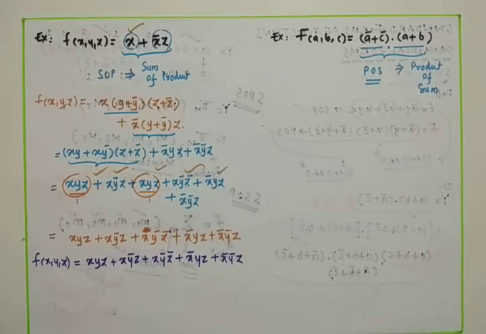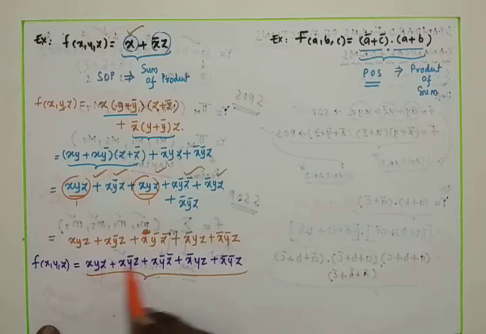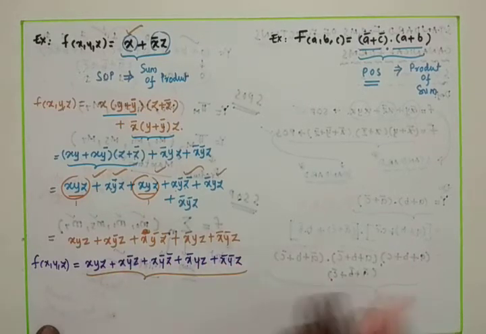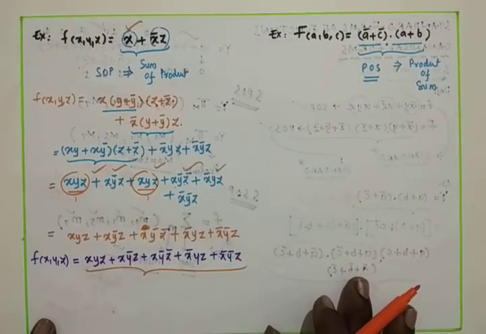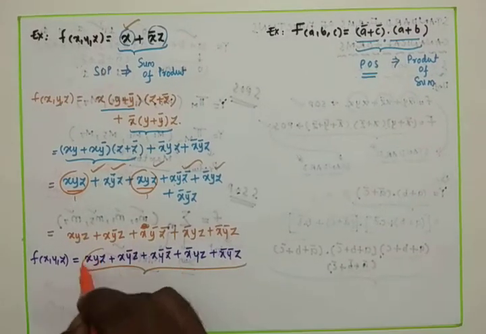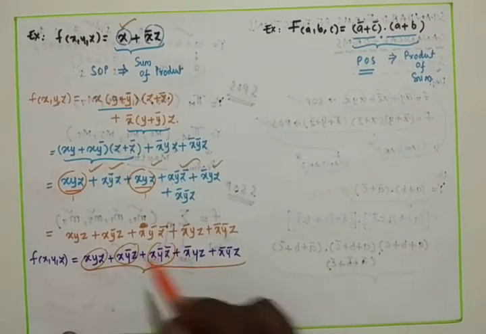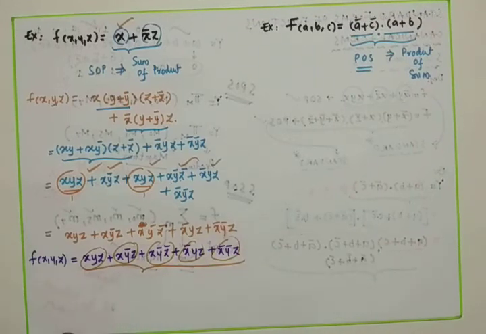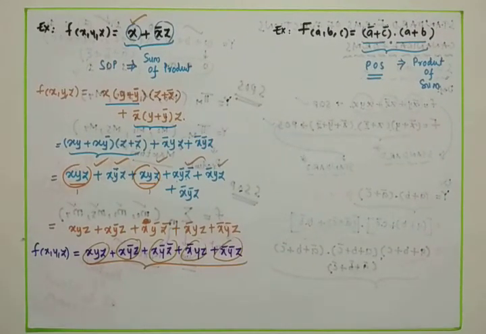This is a standard form because each term in it, how many terms is it having? 1, 2, 3, 4, 5. It has 5 terms. Each of these 5 terms has all the letters: xyz, xyz, xyz, xyz, xyz. So this is nothing but a standard form.